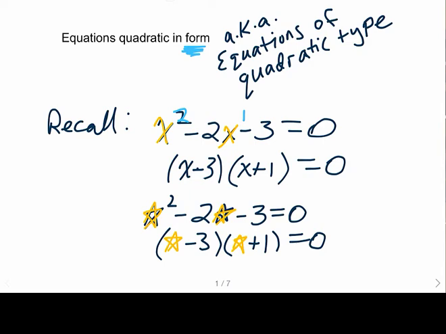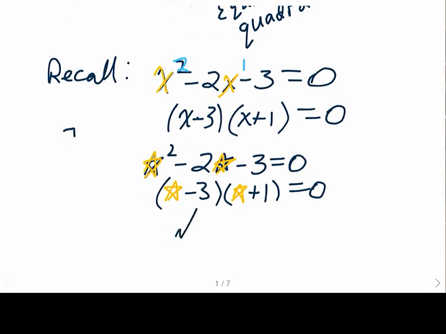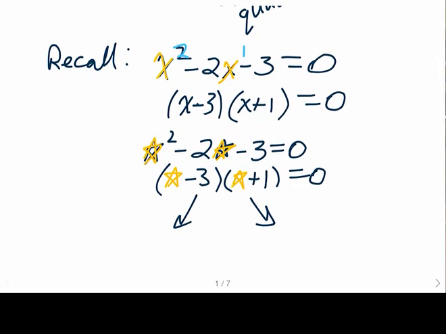And so that would factor into star minus 3 times star plus 1. And then we would take those factors, set them equal to 0 and solve accordingly. And what we're, again, doing is looking at a pattern.